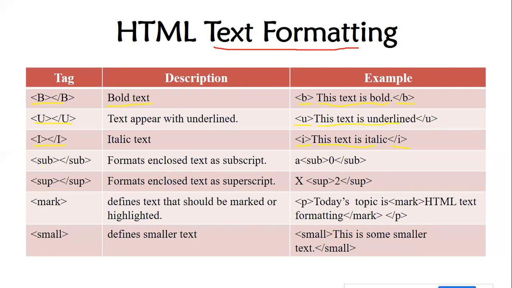For the subscript of the text, we use sub, that is the sub tag, which comes with the closing tag. The subscript uses the format where the enclosed text appears as a subscript. Okay, so just a minute.